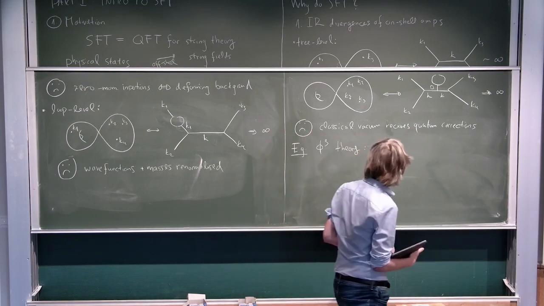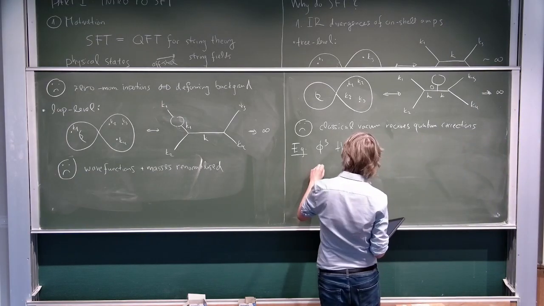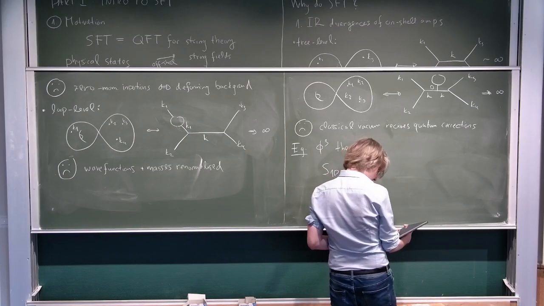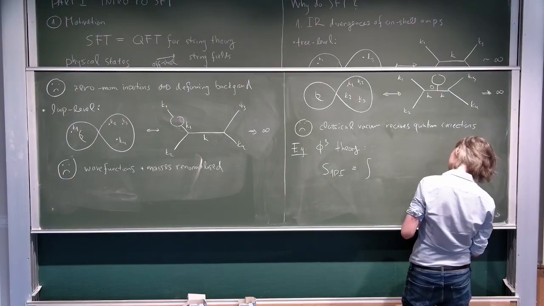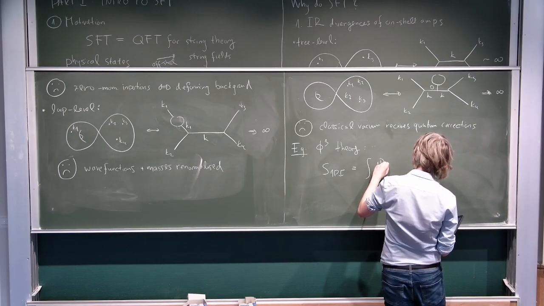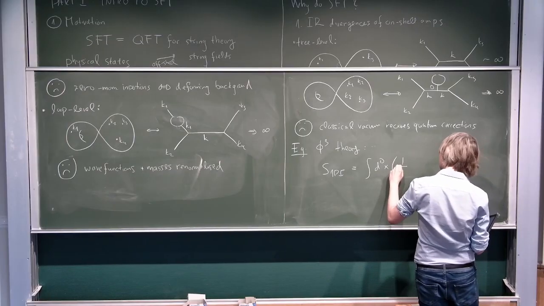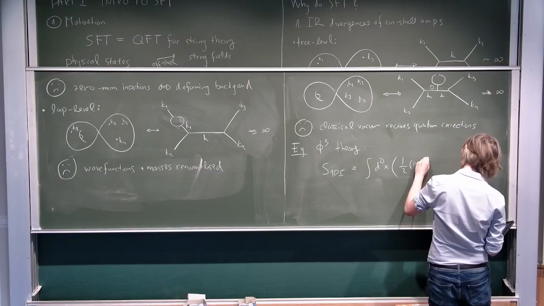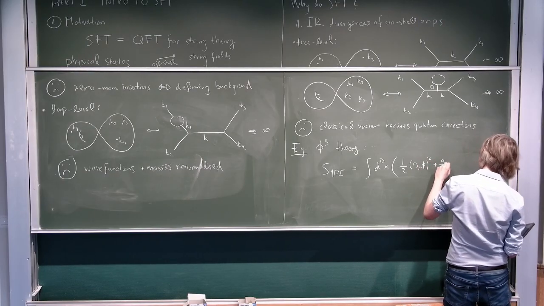So, considering the phi cubed theory, you can start with the classical action and compute the 1PI effective action. So that will roughly look the same as the classical action. So we will have a kinetic term and the cubic interaction.